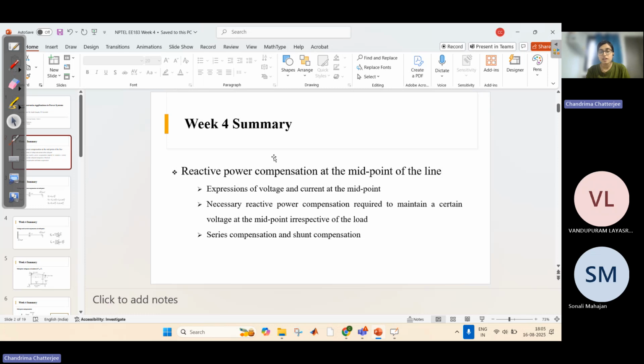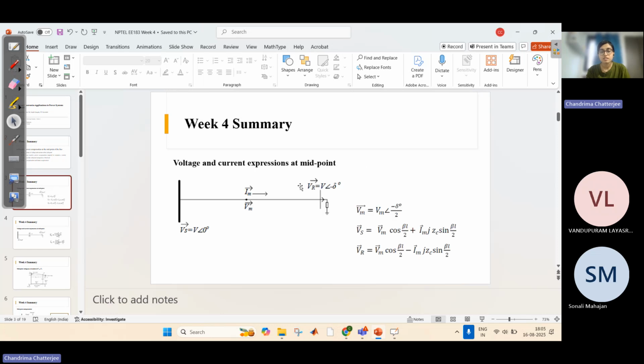Again, I will not go into the derivations because you already have access to the lectures. There you can see the lectures and you can have an idea how to derive all the formulas. I shall just touch upon the expressions, and then I shall start discussing the problems. Okay.